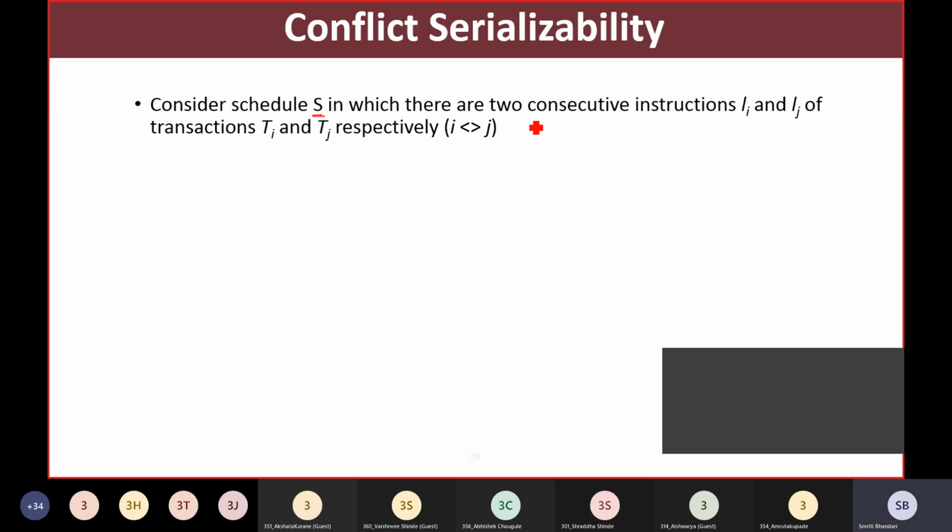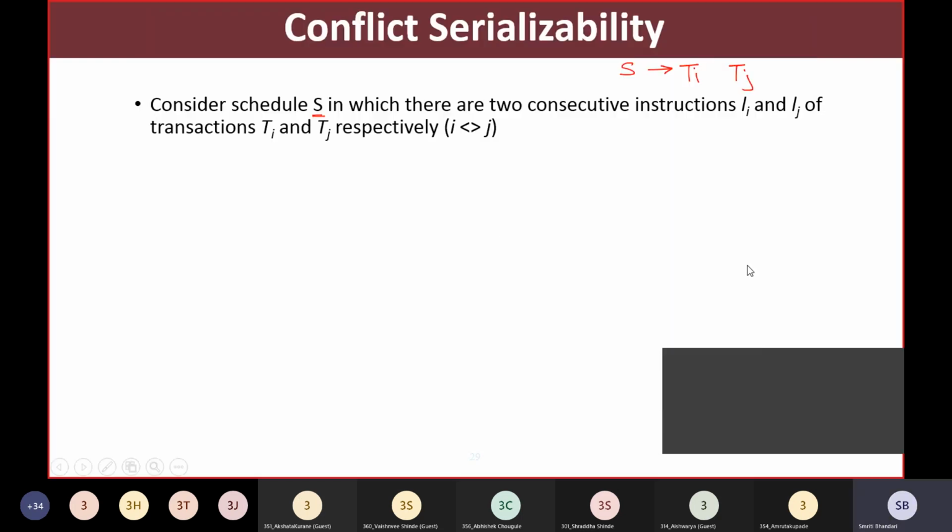Let us consider that we have a schedule S wherein two transactions participate, transaction TI and transaction TJ.